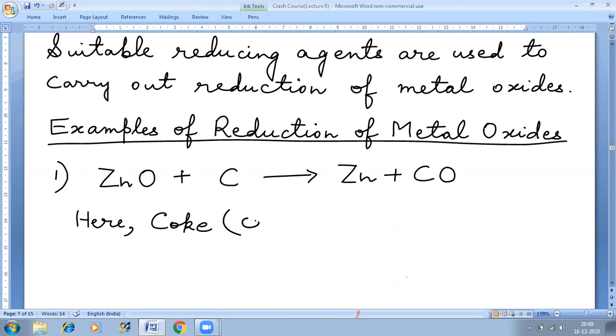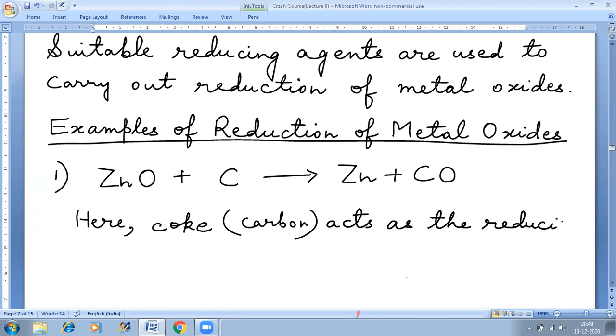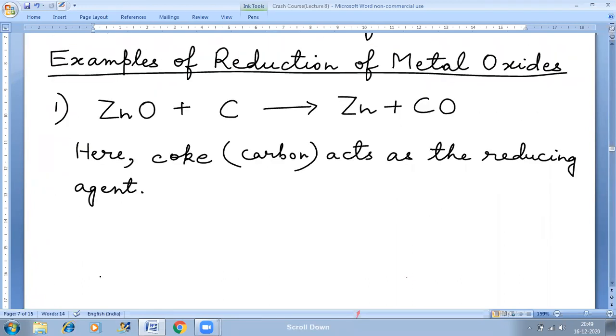So coke, that is carbon, acts as the reducing agent. So here carbon acts as a reducing agent.